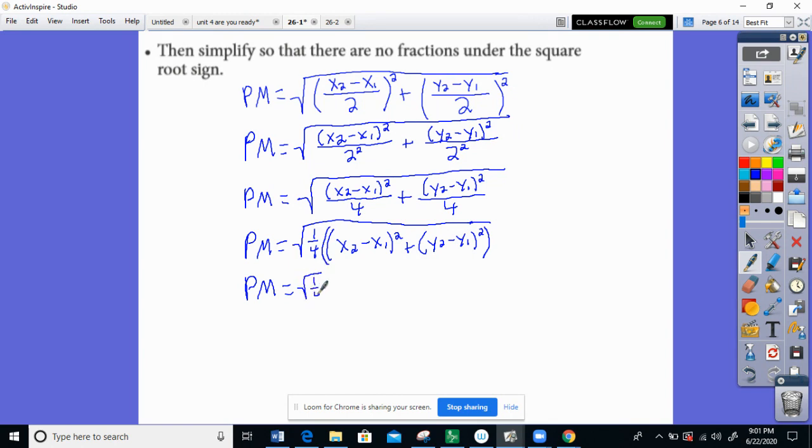So this is really the square root of 1/4 times that expression that we have left in terms of the x's and y's. And now we should be getting pretty excited because this is exactly the same thing that we had for the length of segment PQ. And we know that the square root of 1/4 is 1/2.